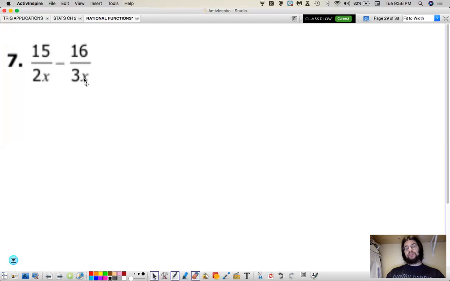With monomials, you should be able to see what the common denominator is going to be. You've got a 2 and an x and a 3 and an x. So a common denominator that will work would be 2x times 3x. That will work. I'll do it, and then I'll do it with the least common denominator. If you want to get the least common denominator, skip ahead about a minute and a half.